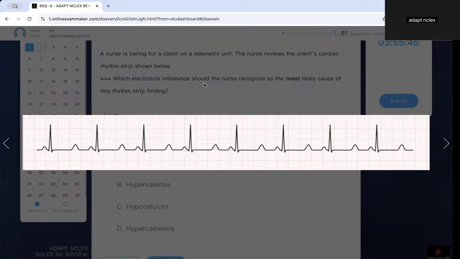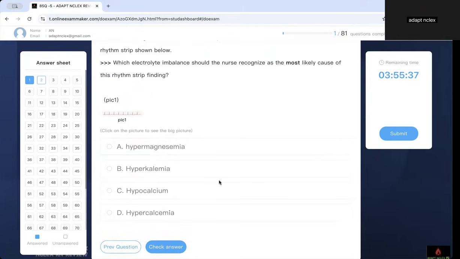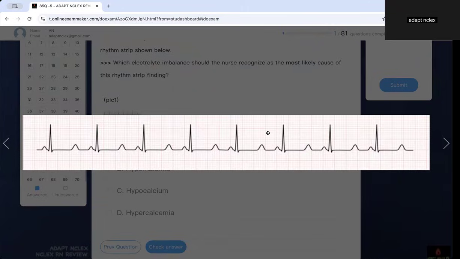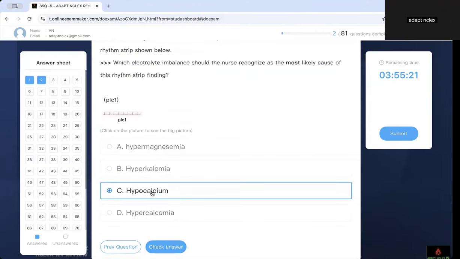Don't worry, there will be a clue in the question. It says an electrolyte imbalance is causing this rhythm, and I've given you the causes. What do you think? Pick your answer choice and put it in the comments. The right answer is hypocalcemia.